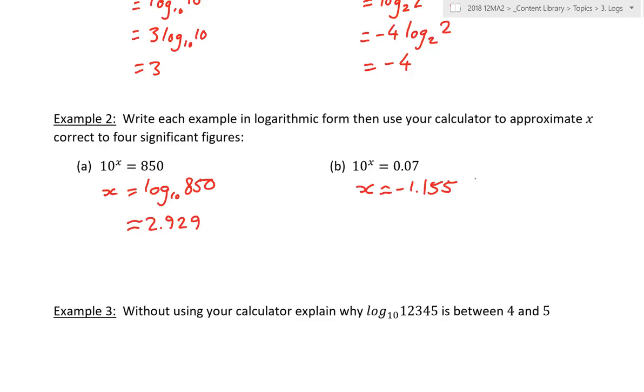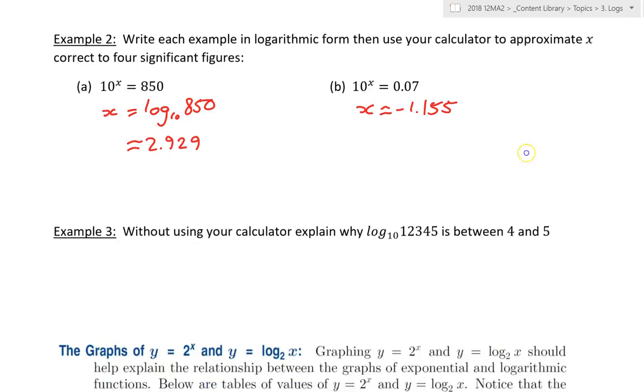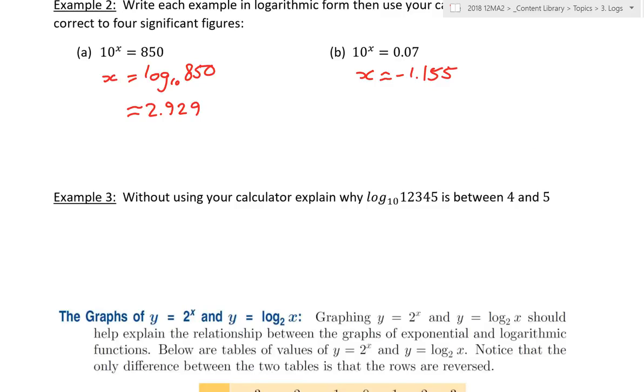Righto? So we can evaluate those things. We can solve fairly straightforward equations there. Moving on, we've got to do a bit of explanation here. Why is the log of this number, whatever it is, somewhere between 4 and 5? Well, 10 to the power of 4 is 10,000. 10 to the power of 5 is 100,000.